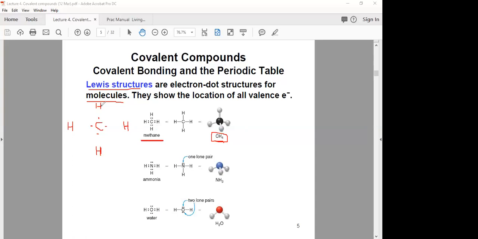So if we take each of these hydrogens in CH4, and of course each hydrogen has a single valence electron, I hope you can see all of them clearly, and now draw in our covalent bonds between them.